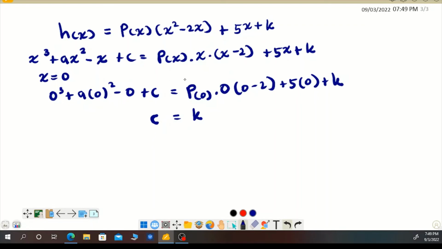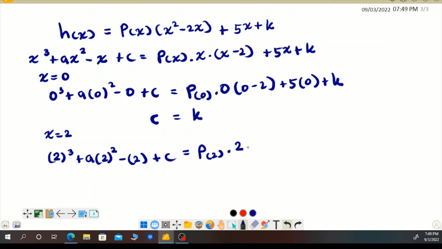Then I am going to substitute x equals 2. At x equals 2, I can write 2 cubed plus a times 2 squared minus 2 plus c equals p(2) times 2 times (2 minus 2), plus 5 times 2 plus k.